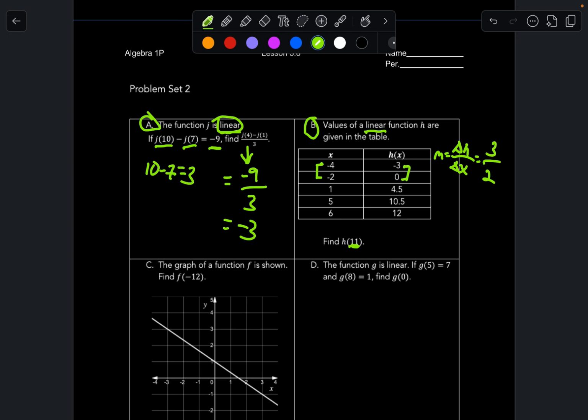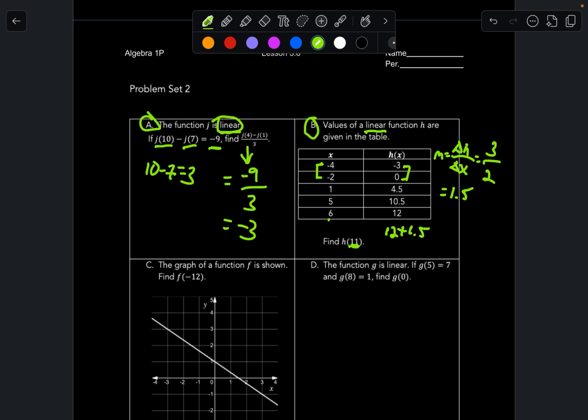So it's 3 halves. Okay, so you can figure out that for every 1 unit, which, by the way, 3 halves is 1.5. So for every 1 unit of change in x, we're going to change h by 1.5. So the best way to do this is to start with h of 12, the last one we know, plus 1.5, which is the rate of change.